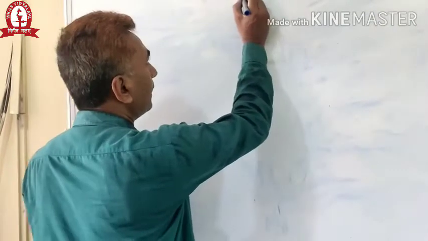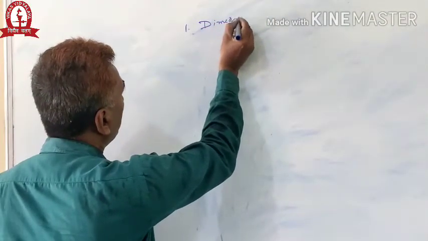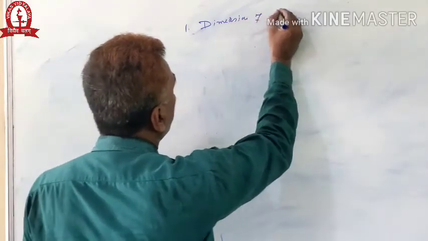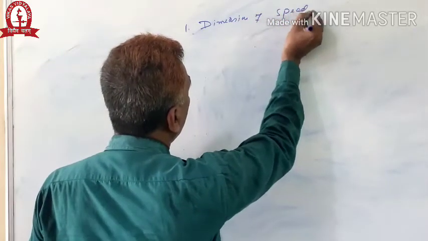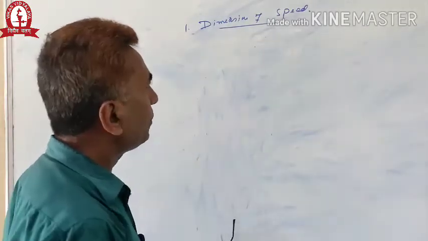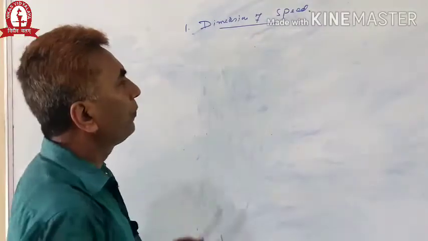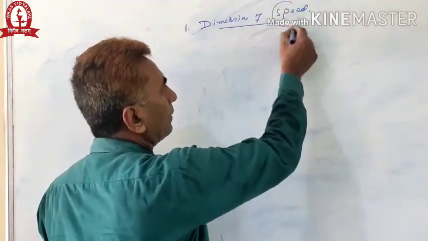Next, dimension of speed. Whenever you are asked to write the dimension of any physical quantity, you should first know the formula, right?